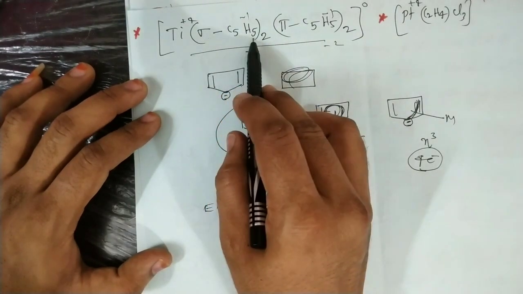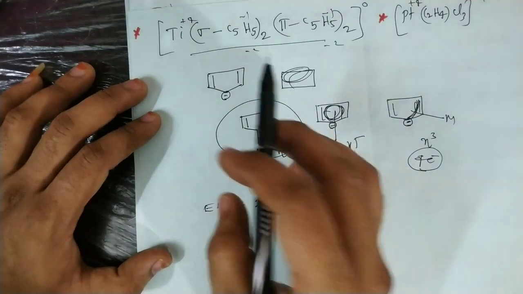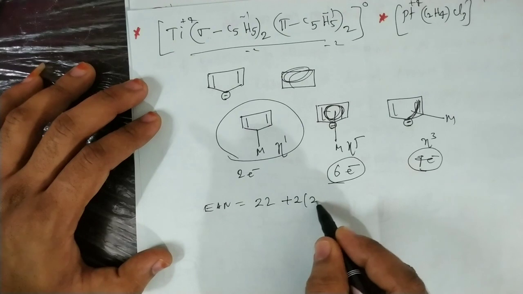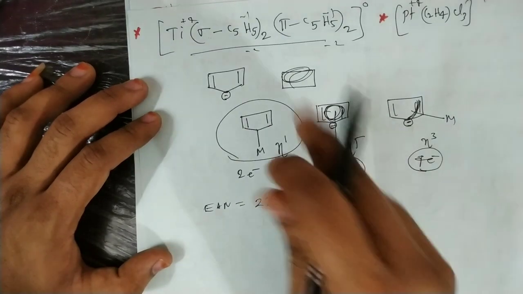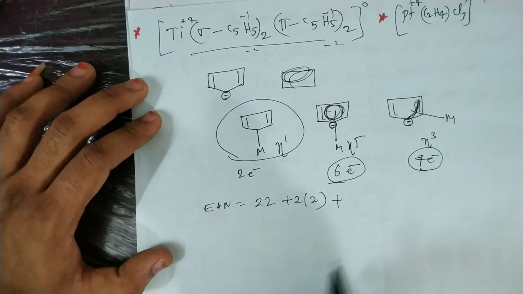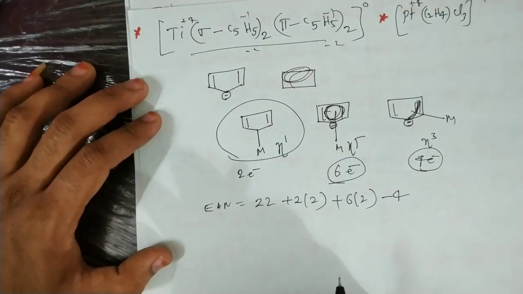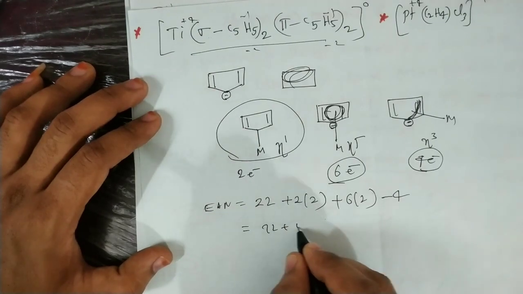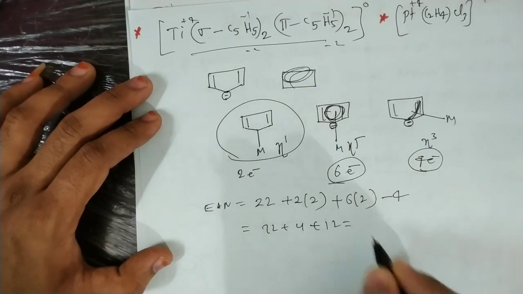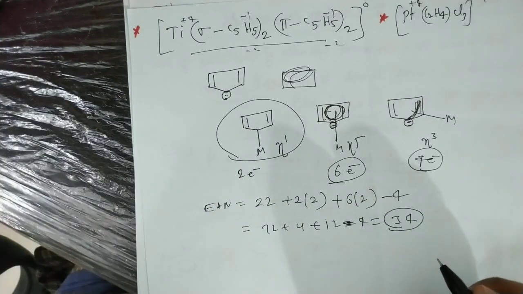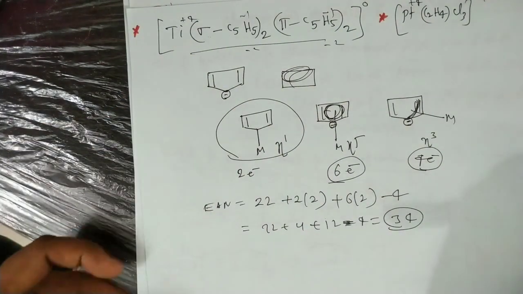Sigma C5H5 is only a 2 electron donor, so 2 into 2. Pi C5H5 is a 6 electron donor, so 6 into 2. The oxidation number is 4, positive, so subtract. So 22 plus 4 plus 12 minus 4 equals 34.